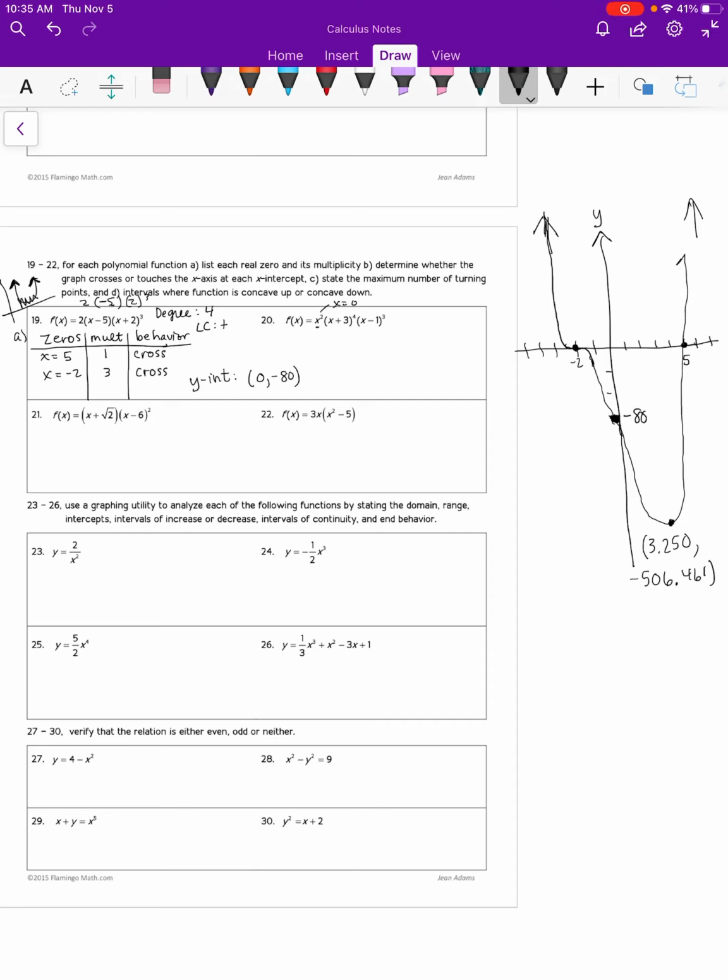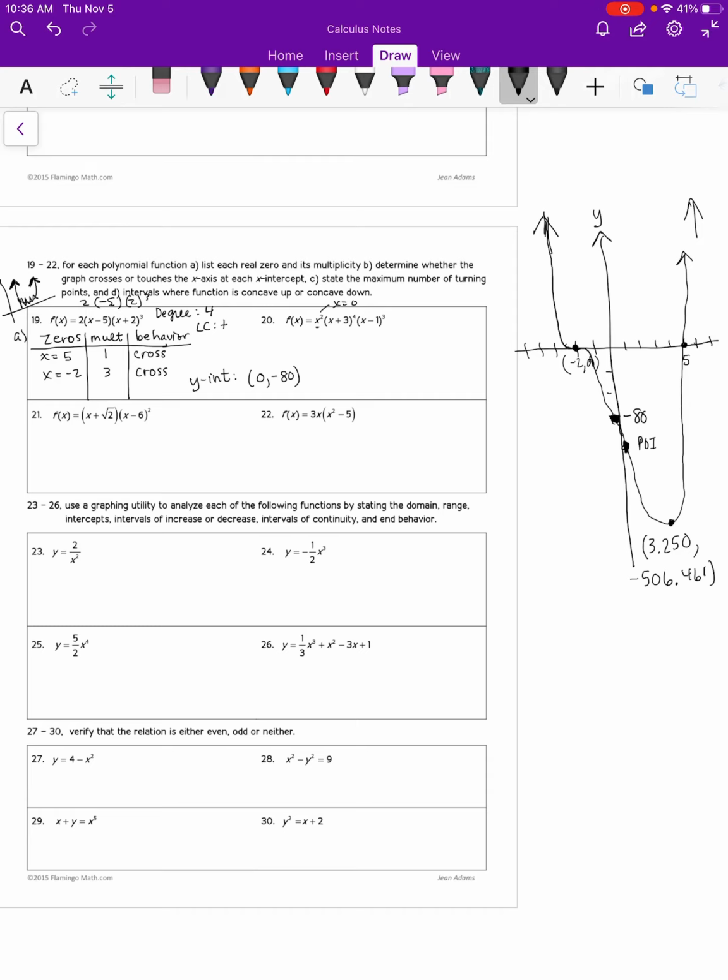I think that might be better, because you've got concave up from negative infinity to negative 2. Then you have to find your halfway point here. Your halfway point is about right there. That's going to be your point of inflection, and it's going to be from your negative 2 comma 0 to this 3.25 comma negative 506.